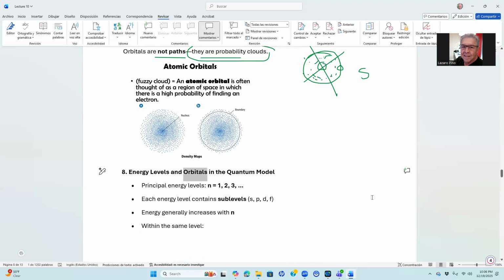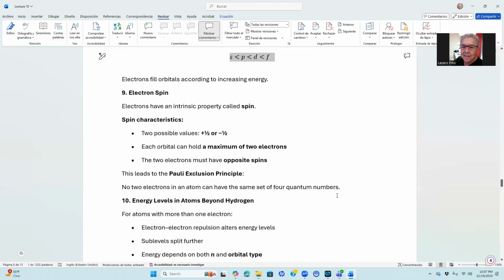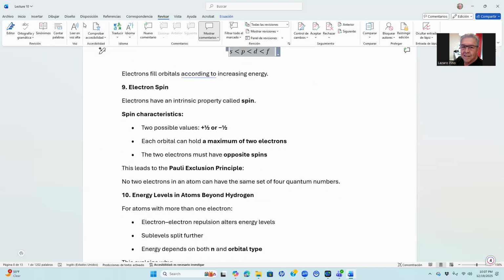Energy levels and orbitals in the quantum model. Principal energy levels, n equals 1, 2, 3. Each energy level contains sublevels s, p, d, f. Energy generally increases with n. Within the same level, s is lower than p, which is lower than d.